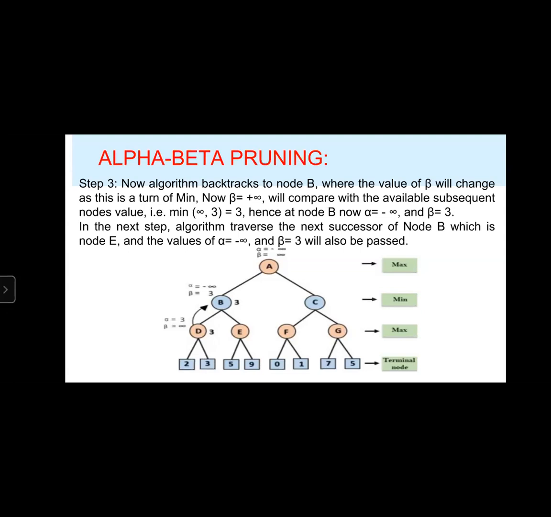Hence at node B, alpha equals minus infinity and beta equals 3. In the next step, the algorithm traverses the next successor of node B, which is node E, and the values alpha equals minus infinity and beta equals 3 will also be passed.